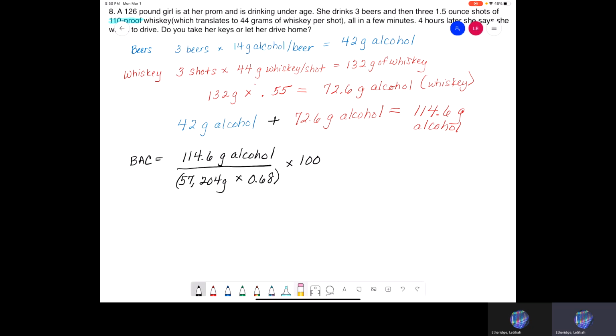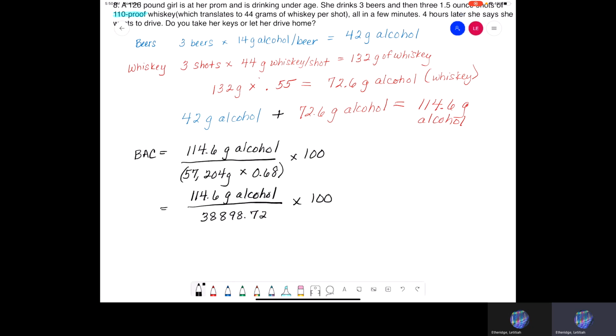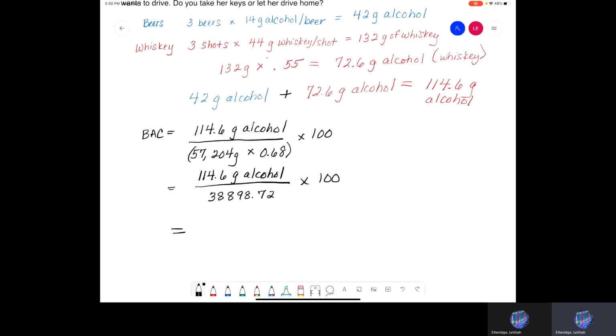Okay, let's see what number we get. So we have 114.6 grams of alcohol divided by 57,204 times 0.68. We end up with 38,898.72. That is still multiplied by 100. So now 114.6 divided by 38,898.72 multiplied by 100.